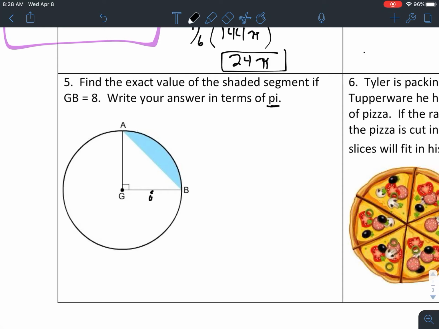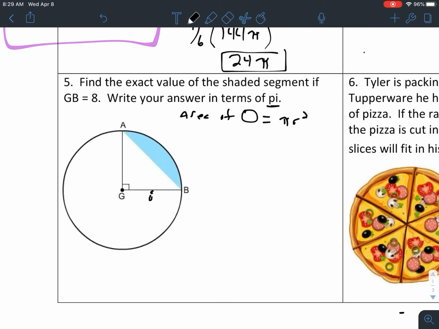Let's just double check in our notes. So we've got to find out our area of the circle. So area of circle is equal to pi radius squared.